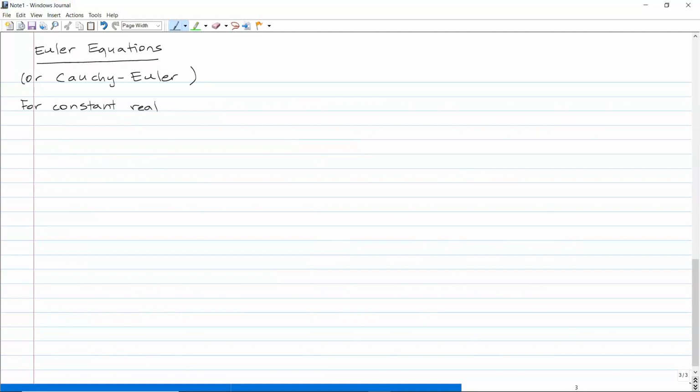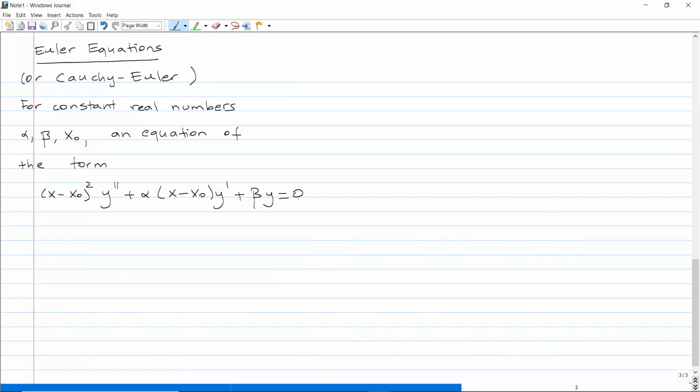For constant real numbers alpha, beta, and the center x0, an equation of the form x minus x0 squared y double prime plus alpha times x minus x0 y prime plus beta y equals 0 is called an Euler equation, or Cauchy-Euler equation. This is just the name.